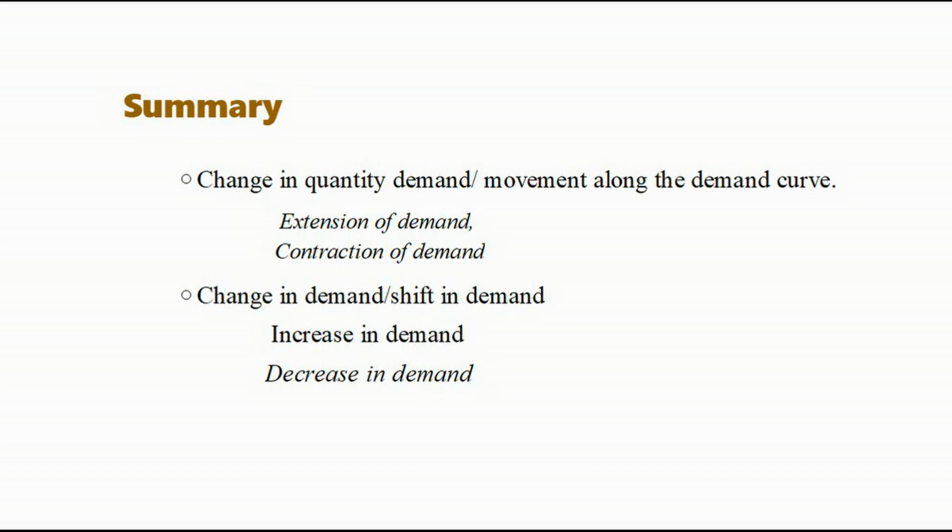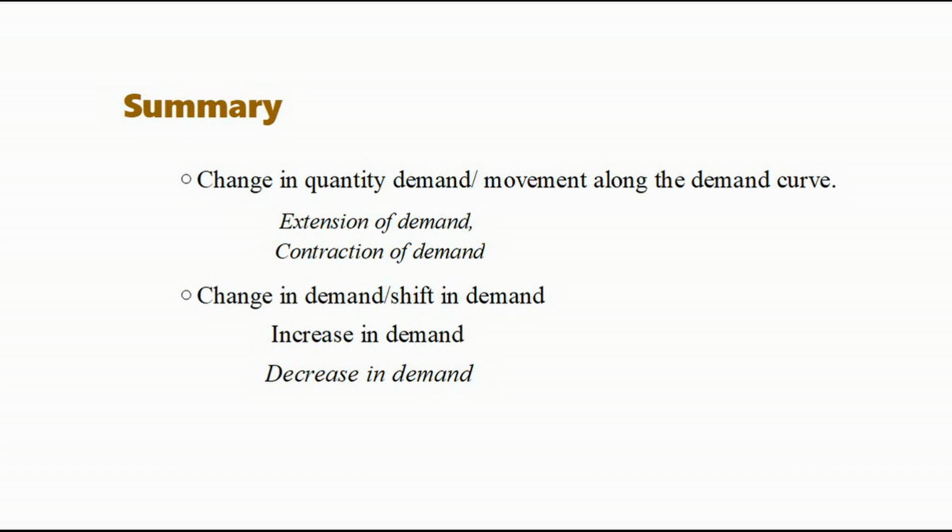Whenever we say change in quantity demand, it is mainly the result of a change in the price of the commodity itself. Factors other than price remain constant, and whenever there is a decrease or increase in the price of the commodity, the change is referred to as change in quantity demand, and the change might be an upward or downward movement along the given demand curve.